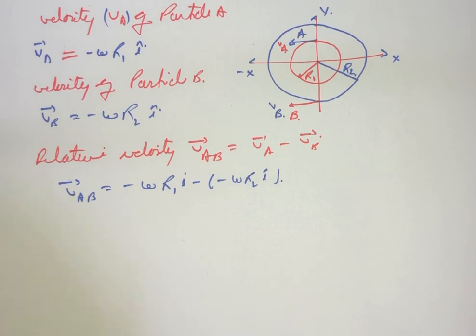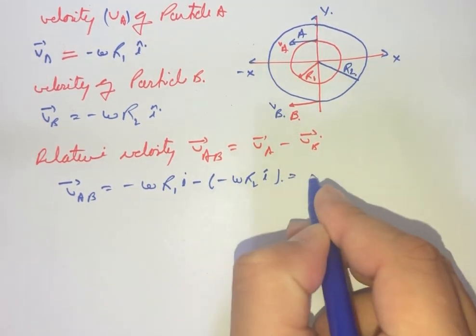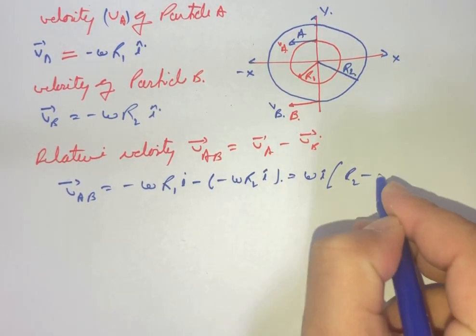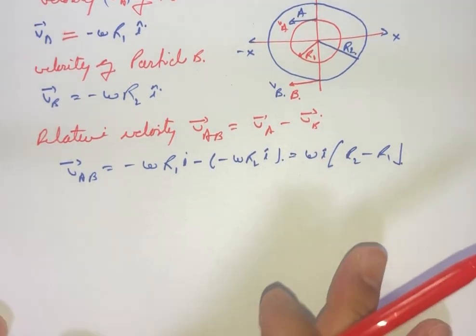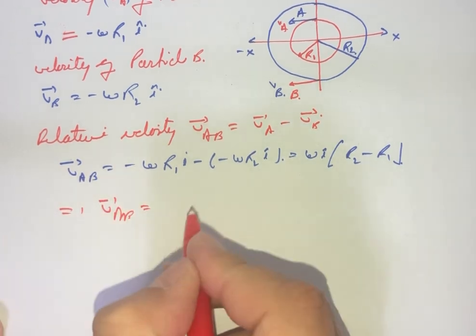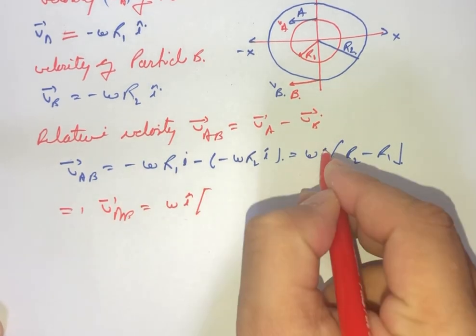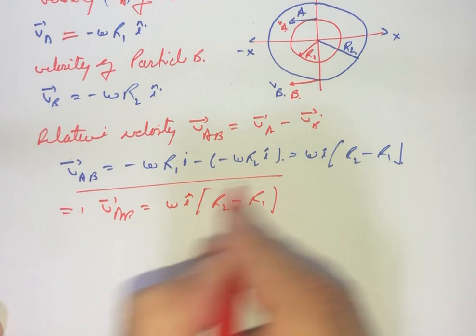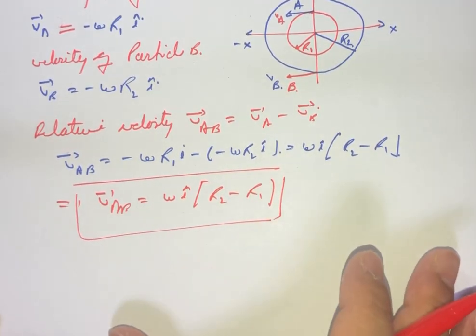So from here we can take common omega i. So we get omega i (r2 minus r1). So this is VAB is equal to omega i unit vector (r2 minus r1).